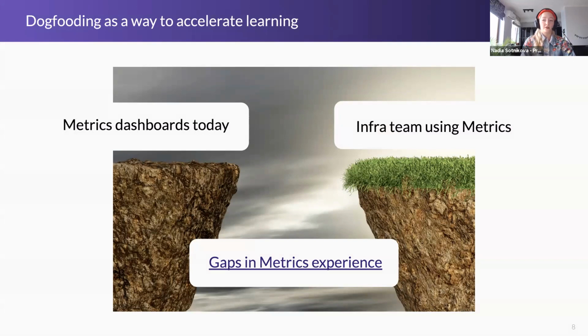We're seeing it as a very powerful way to build a product together with a real engaged customer. So we're partnering with our infrastructure team, who is helping us define what those gaps in the experience are. And we have an epic that we're currently working on to fill those gaps, to come closer to bridging those feature gaps.